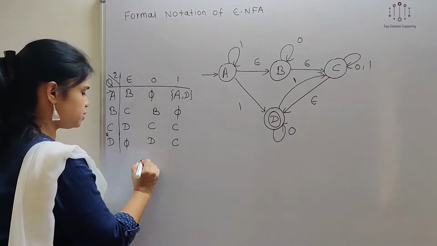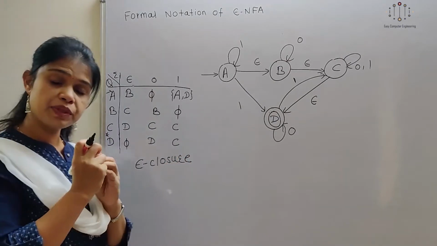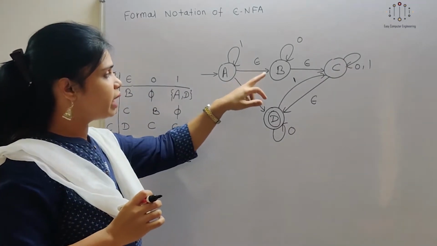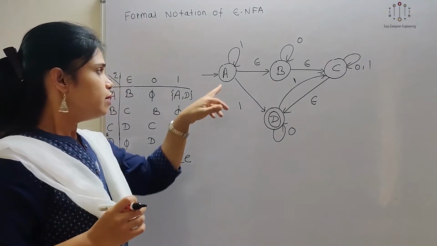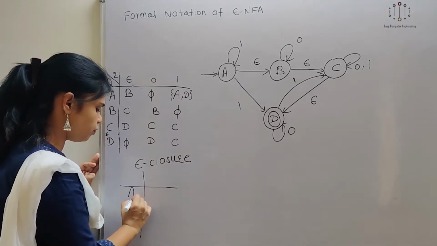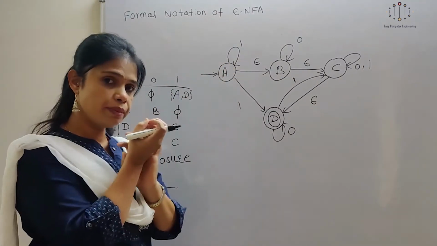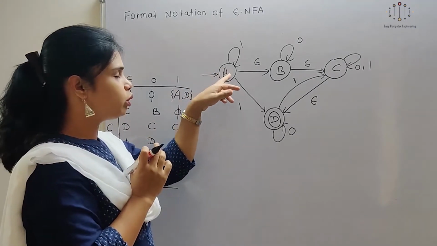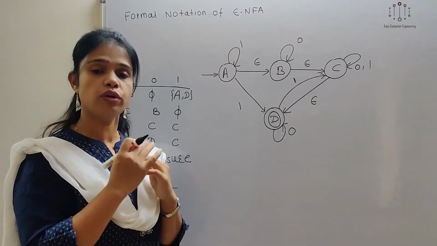Epsilon closure means on epsilon input, how we can reach another state from A. So here we will find the epsilon closure of every state. From A, if my input symbol is epsilon, I can move to A itself. We have to take epsilon for itself, meaning its own state.